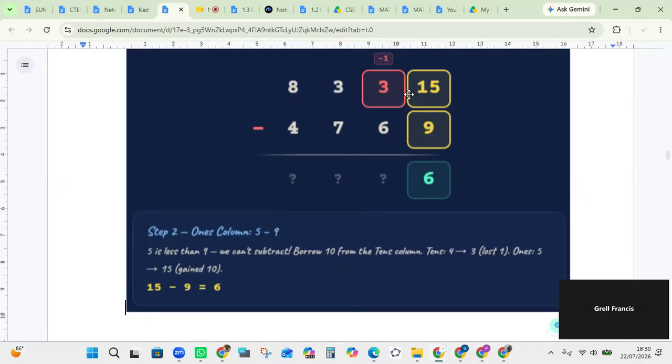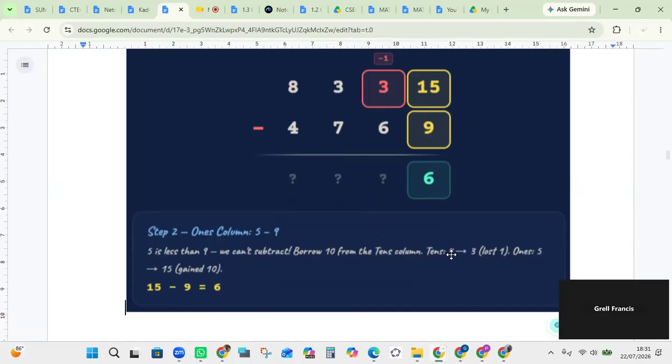So that 45 now, 10 was subtracted from 40. So that's where you have the 3 now. 40 minus 10 is 30, isn't that so? Yes, sir. Now continue reading.